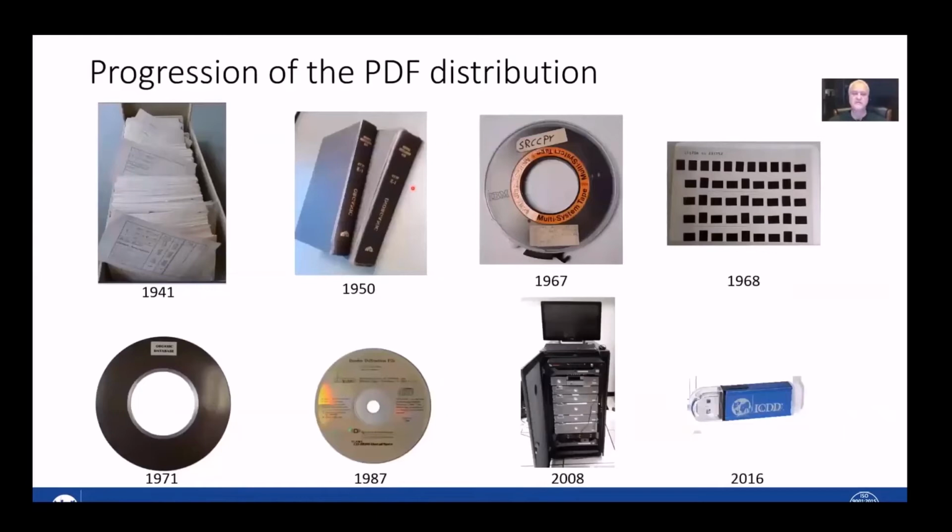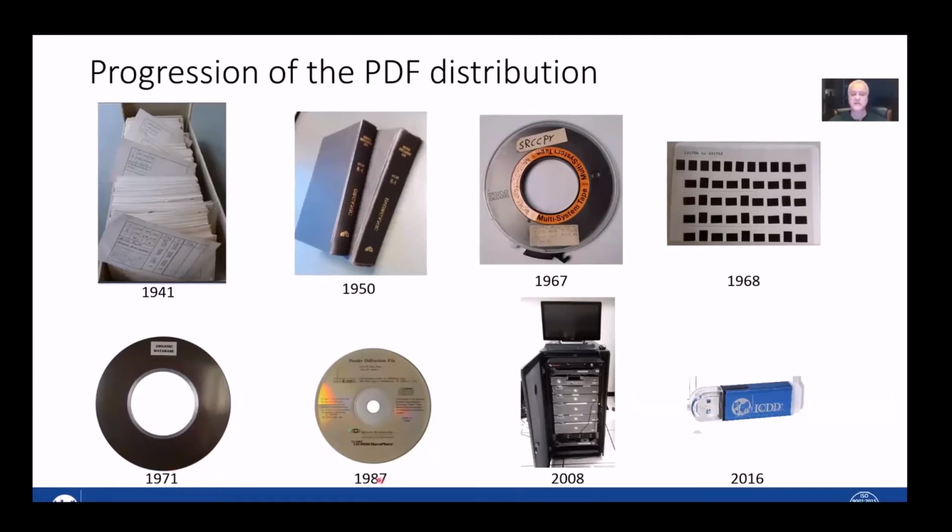The powder diffraction file, of course, has progressed over the years. It started with the cards. Books were published in 1950, magnetic tape in 1967. The powder diffraction file was the very first crystallographic database that was digital. In 1968, it was microfiche; in 1971, hard disk.